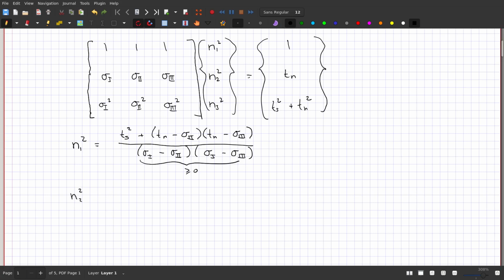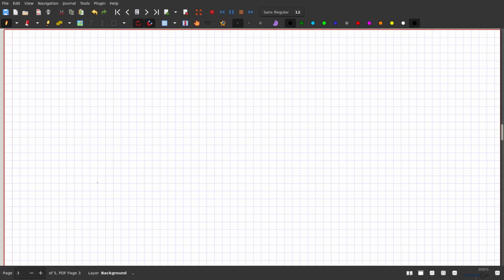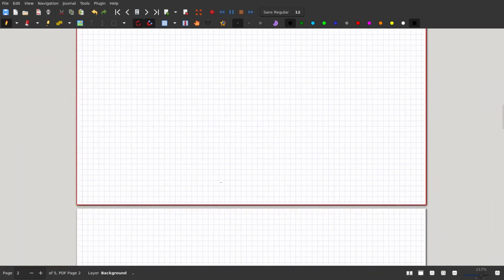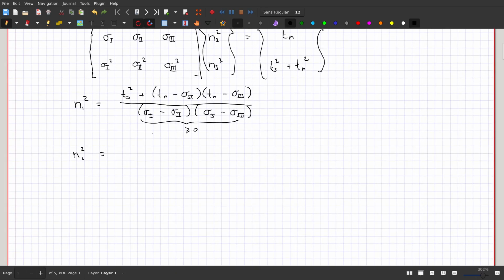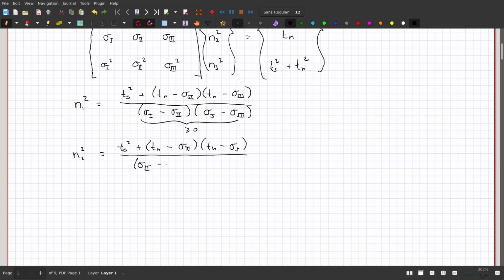So I'm going to write down n2 squared is equal to... By similar arguments, this is less than or equal to 0.